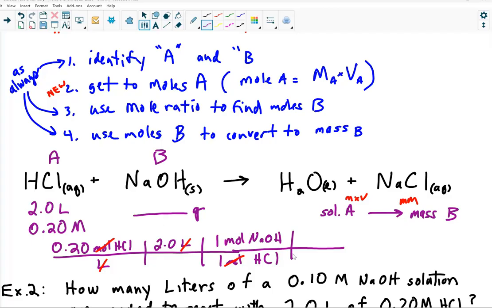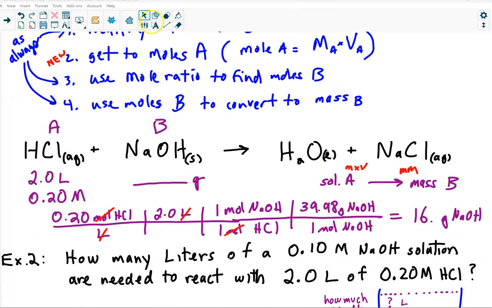So you need the molar mass, 39.98 grams of NaOH, if you figure it out, per 1 mole of NaOH. And I believe if you do the math, and it only has 2 sig figs, you get 16 grams of NaOH.